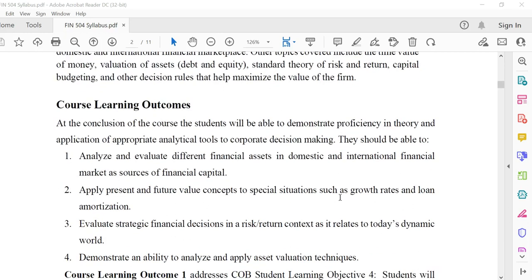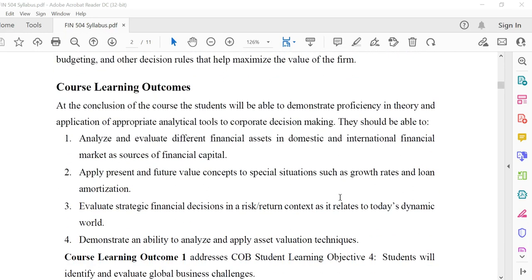The major learning outcomes for this course would be that anyone after taking this course, so all of you, should be able to analyze and evaluate different financial assets in domestic and international financial markets as sources of financial capital. You should be able to apply present and future value concepts to special situations, such as when there are different growth rates or any loan amortization problems.